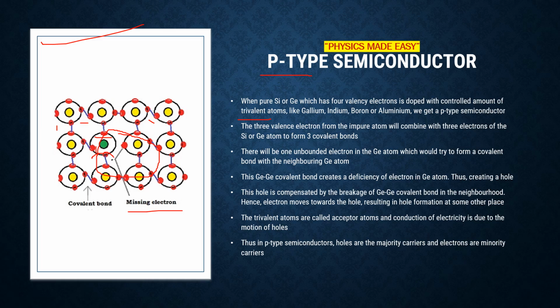So how is it helpful? We can see that the electron is missing and at that place a hole is created. This hole is compensated by the breaking of a germanium covalent bond in the neighborhood. Then an electron gets released and tries to occupy the vacant space.